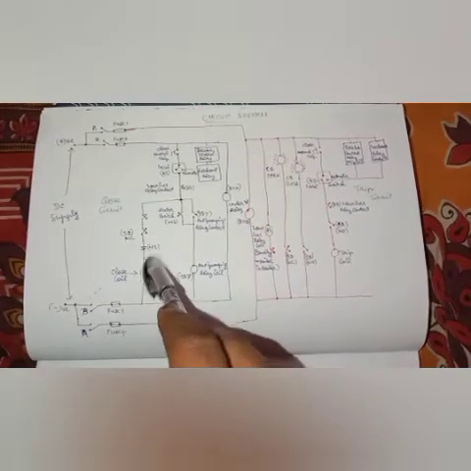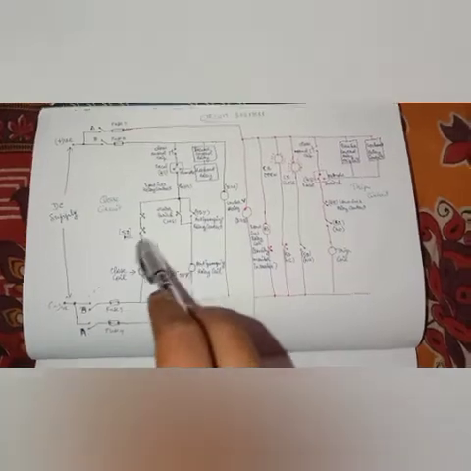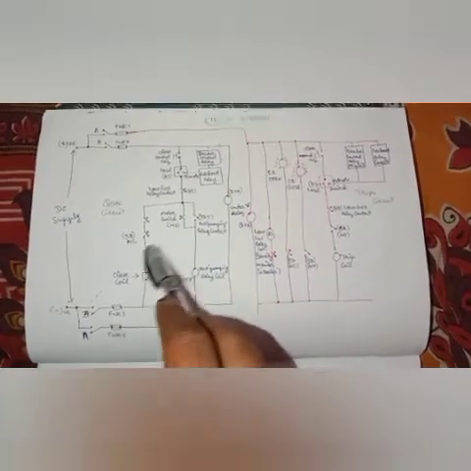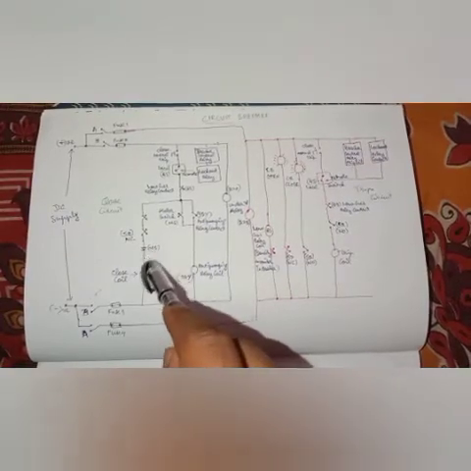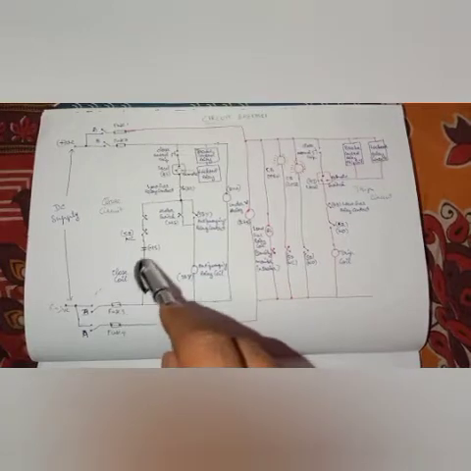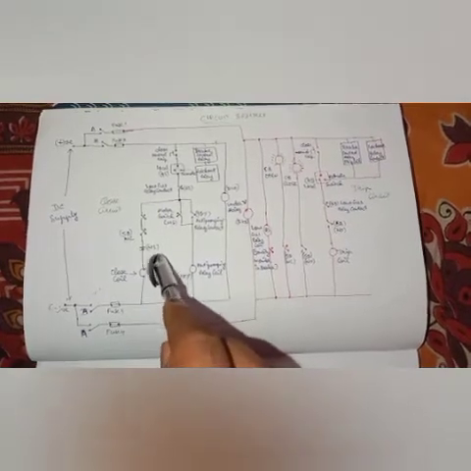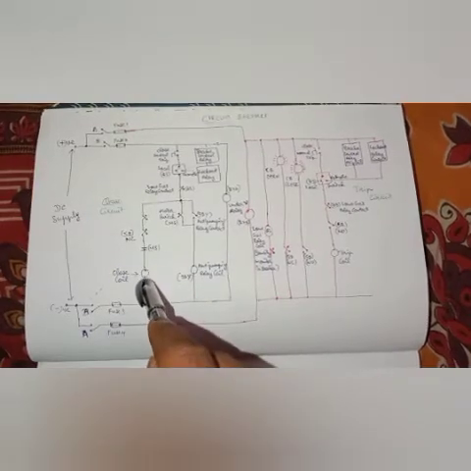Then it further moves to your motor switch. Here the motor switch is where the spring charging of your breaker takes place, and after the spring is energized, which means the spring charge is in a healthy condition, it checks once and then goes to your close coil.